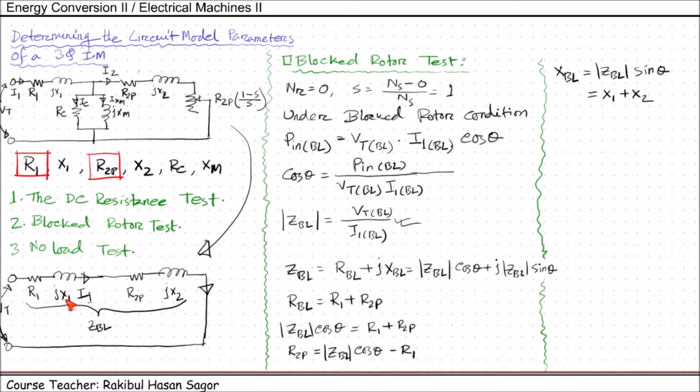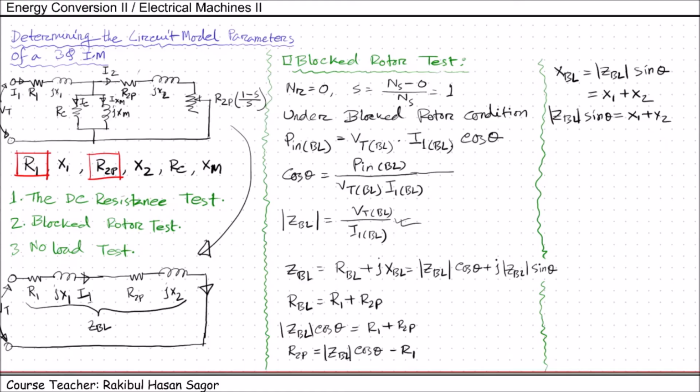As the total reactance is X1 and X2 connected in series, we can write Z_BL sin theta equal to X1 plus X2. Now in general, the X1 and X2 proportions with respect to X_BL are given by the manufacturers. Hence we can separate the values of X1 and X2 from the given ratio.